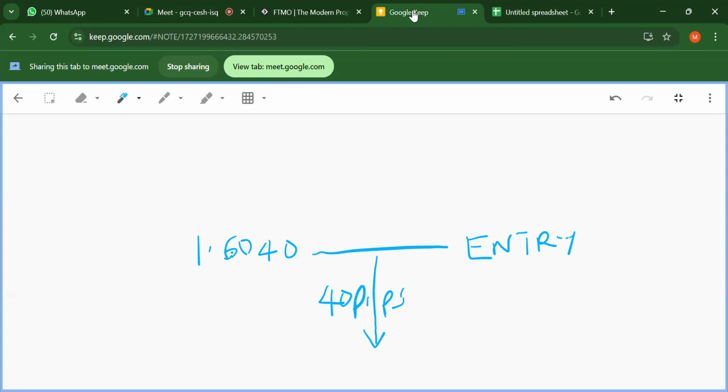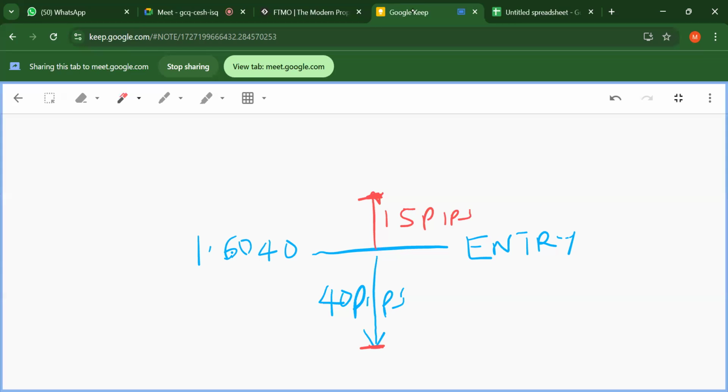But in case it goes against you, you are willing to lose 15 pips. So if it goes up by 15 pips, I'm ready to lose the 15 pips. So tell me, what will be the price point for the point where you'll be exiting with a loss? And what will be the price point of where you'll be exiting with a profit?